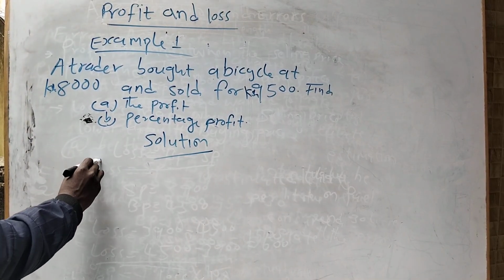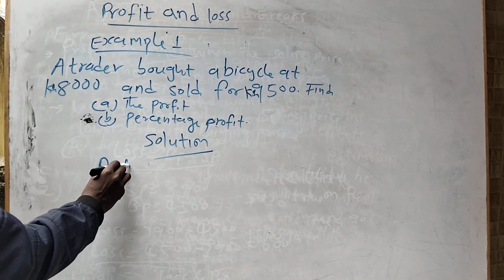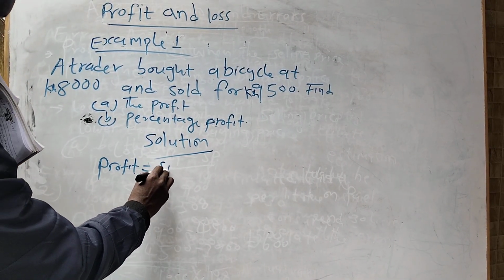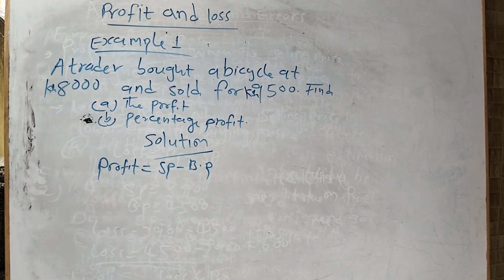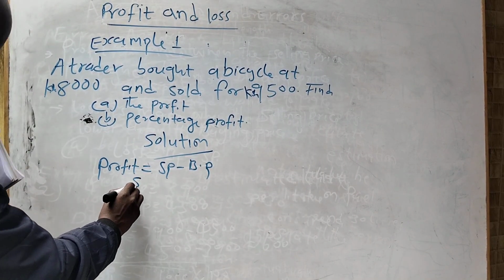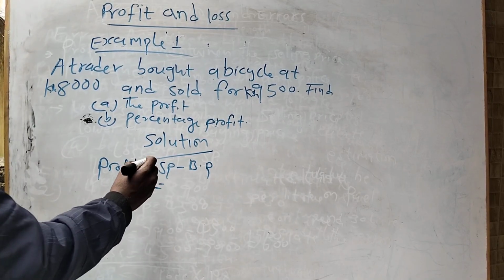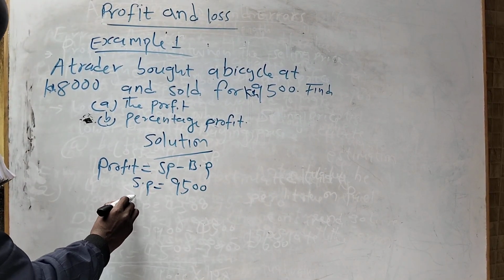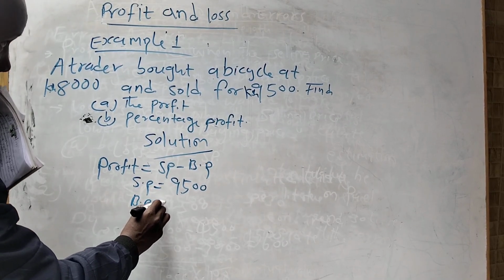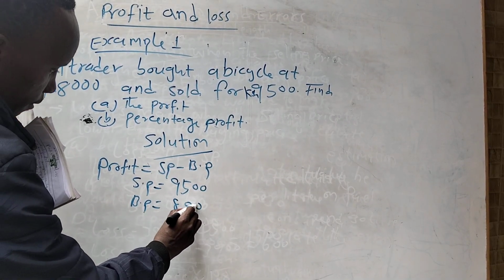We said profit is equals to selling price minus buying price. So what's our selling price in this case? Our selling price is 9,500. And what is our buying price? Buying price is 8,000.